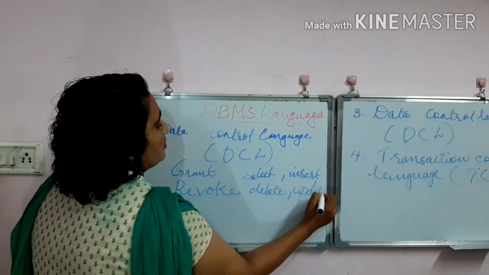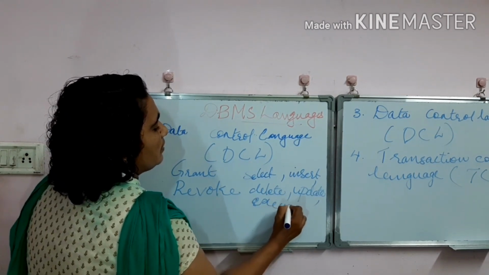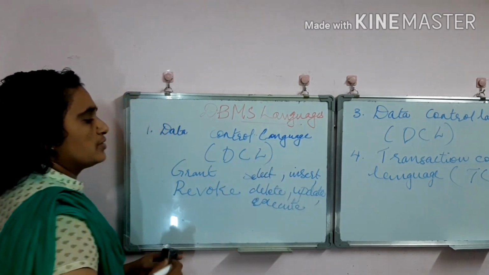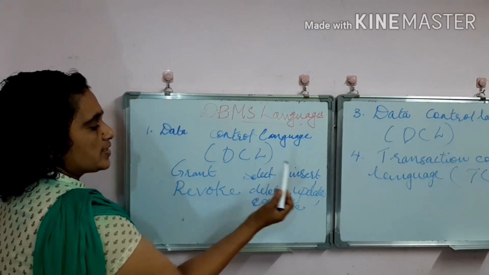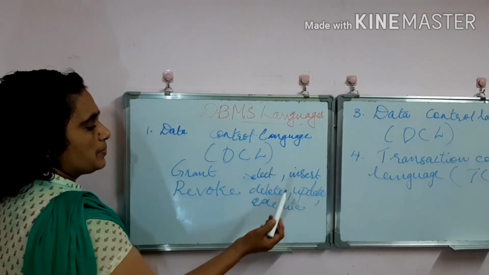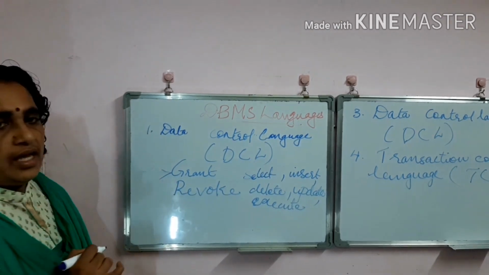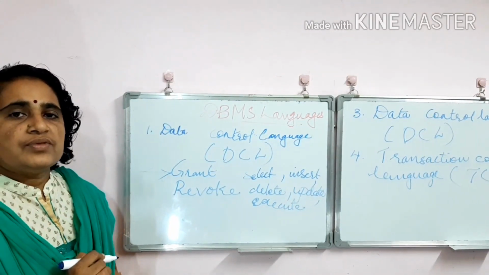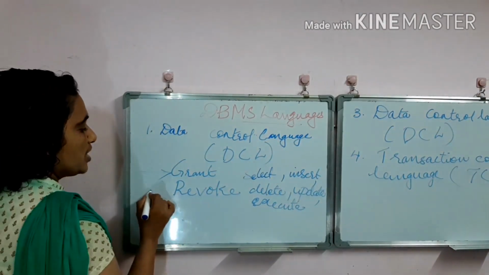There are execute privilege can also be given. That is, a user can be given a select privilege, an insert privilege, delete privilege, update privilege, or an execute privilege by using this grant command. And these privileges can be revoked by using the revoke command.